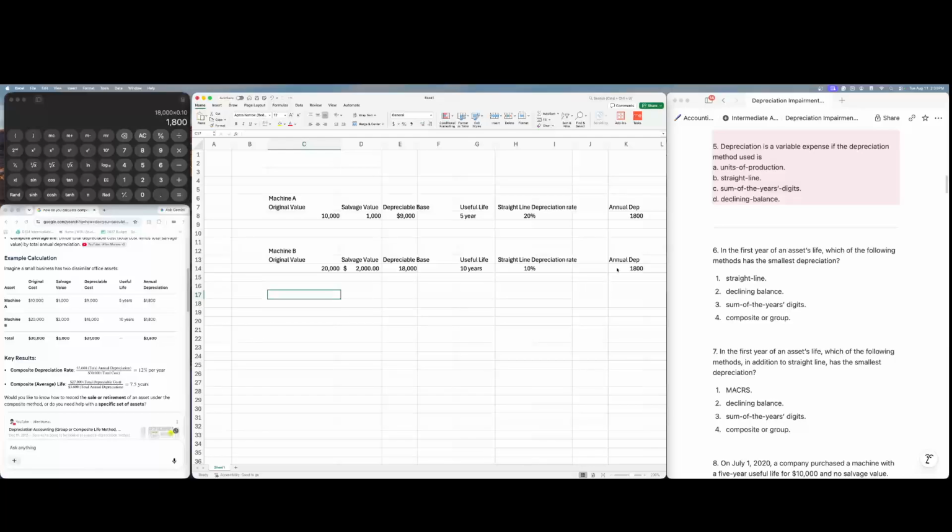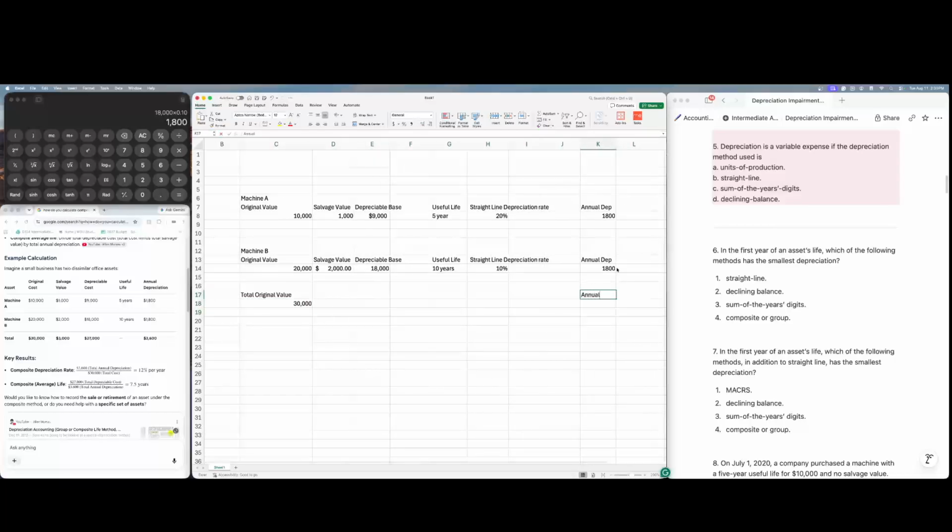So you get the total original value of 30,000. Okay, and the annual depreciation of both of those machines, 3,600.